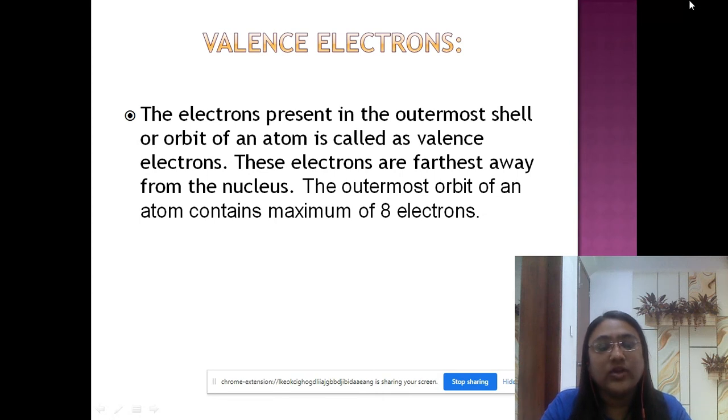One new concept is the valence electron. The electrons present in the outermost shell of an atom are called valence electrons. These electrons are very far from the nucleus, and the outermost orbit of an atom consists of a maximum of 8 electrons, which means the 2n square concept will not be applied here.